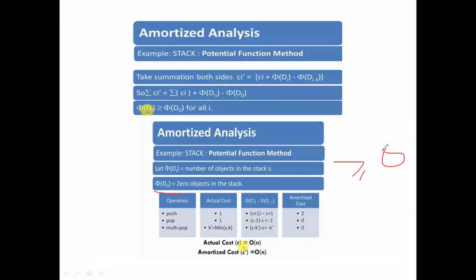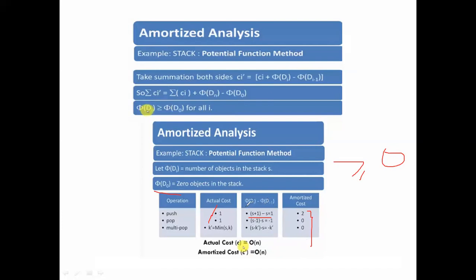Now calculating the potential difference for the push operation. In the previous example, we already know the actual cost for push and pop. So see here, what is Di and what is Di minus 1. Di is the current condition, and Di minus 1 is the previous condition.